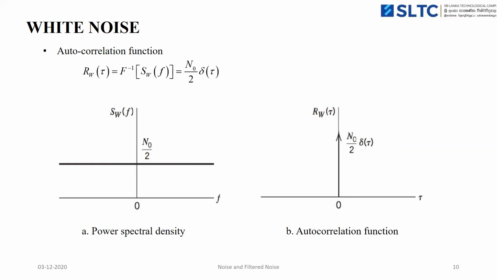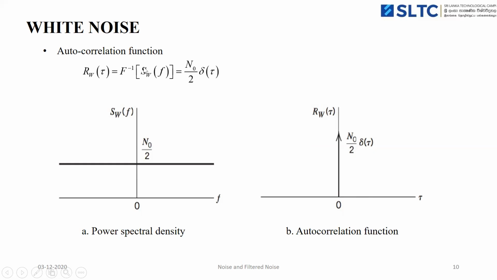We get that autocorrelation function of the white noise by taking the inverse Fourier transform of the power spectral density of the white noise, right? The notation for the autocorrelation function of the white noise is R_W of tau, which is equal to the inverse Fourier transform of S_W of f, that is the power spectral density of the white noise.